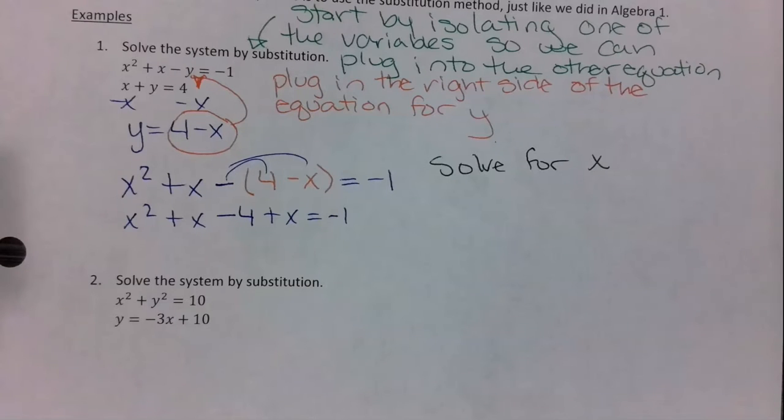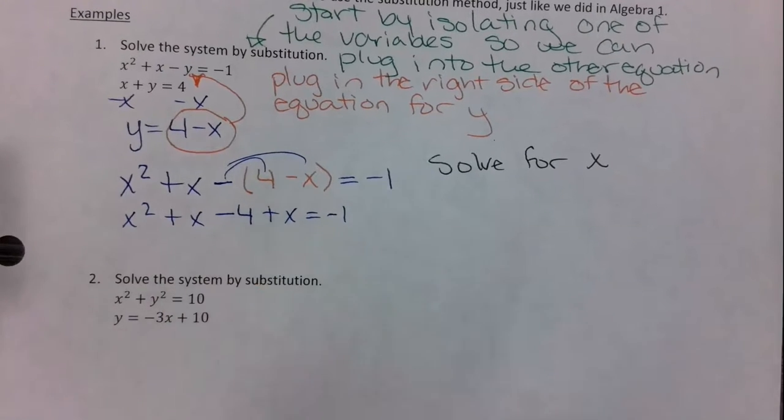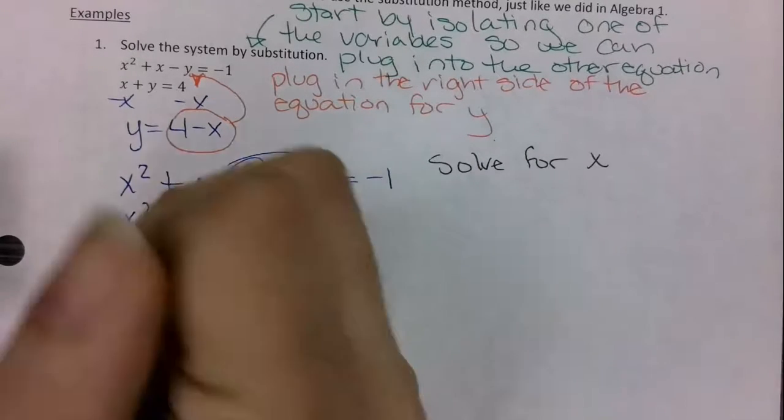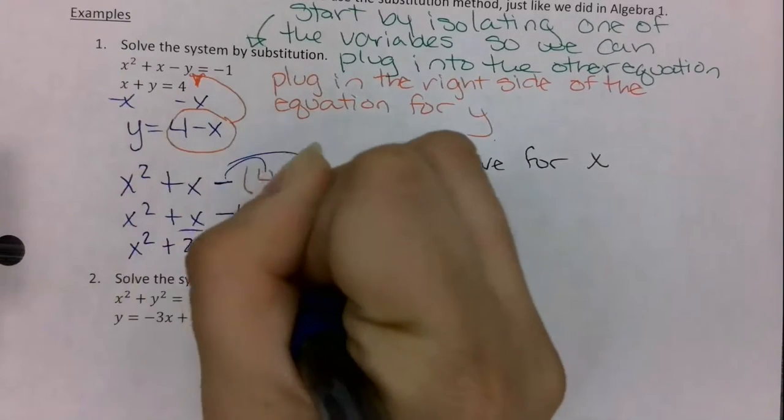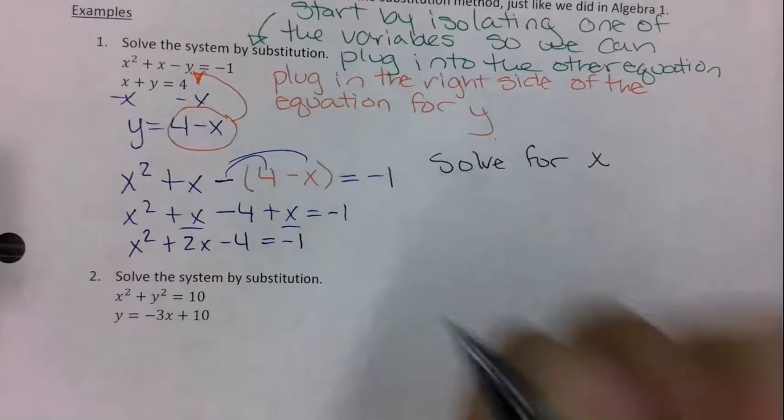Okay, then what? Okay. So, actually that's not the one I want to move. So I want to start off because I can combine like terms. So, I'm going to combine like terms. Then I have x squared plus 2x minus 4 equals negative 1.